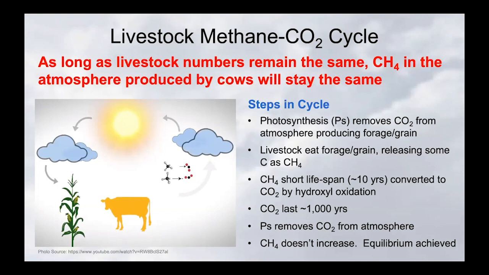All of that carbon that's going into that cow came from plant material. It's ultimately going through a methane and then a carbon dioxide cycle, but then it's being pulled back out in the plant material that the next cows will eat. So as long as our cow numbers stay the same, we're pretty much in an equilibrium. That methane doesn't increase, and it's just going to be in a bigger loop. Now, if we change our livestock numbers, that will change.